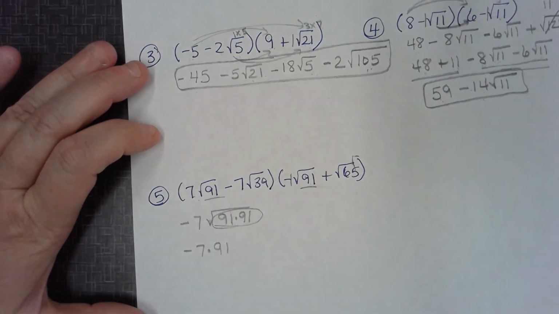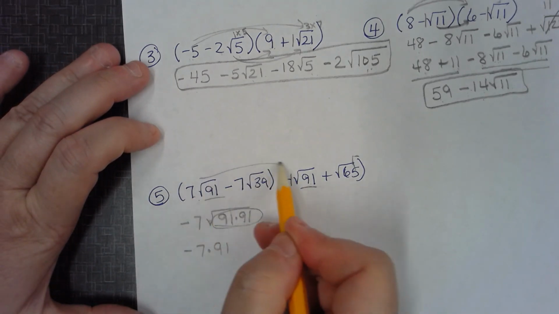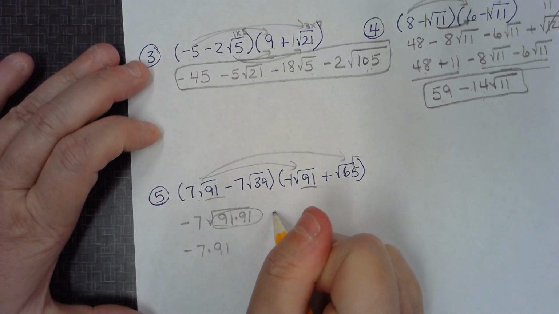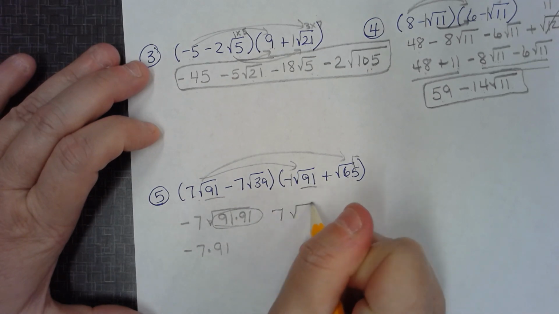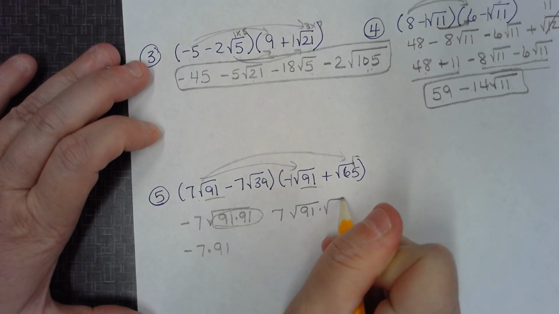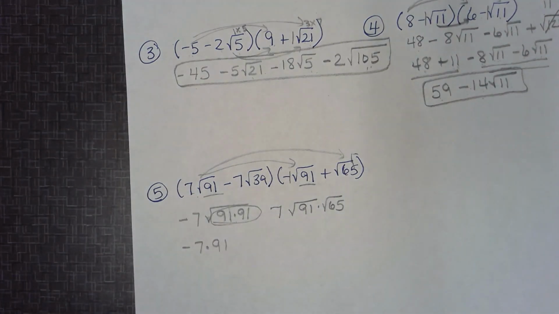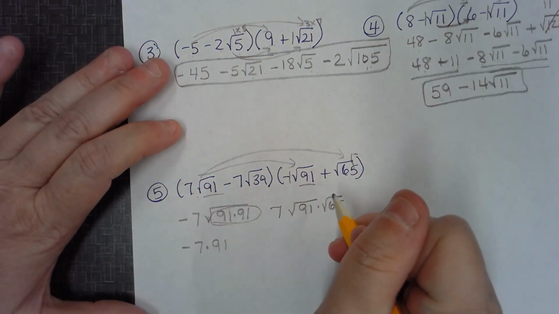Might be easier to look at it that way. So that's multiplying this. When you multiply 7 times radical 91 times radical 65, you might not want to multiply those together because remember it makes a really big number. So just hold on to that thought a second.